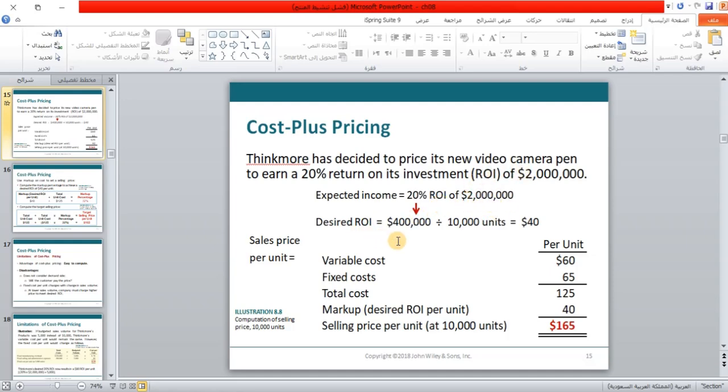This is a profit of 400,000, divided by the number of units 10,000 units, equals $40 per unit. This is the return on investments per unit, $40.